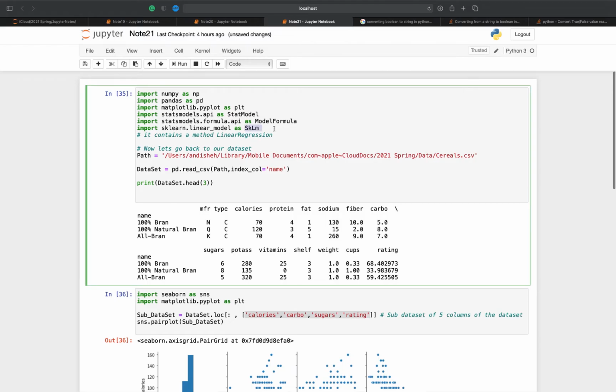Here I'm going to use import sklearn linear model, and the brief name is SKLM.